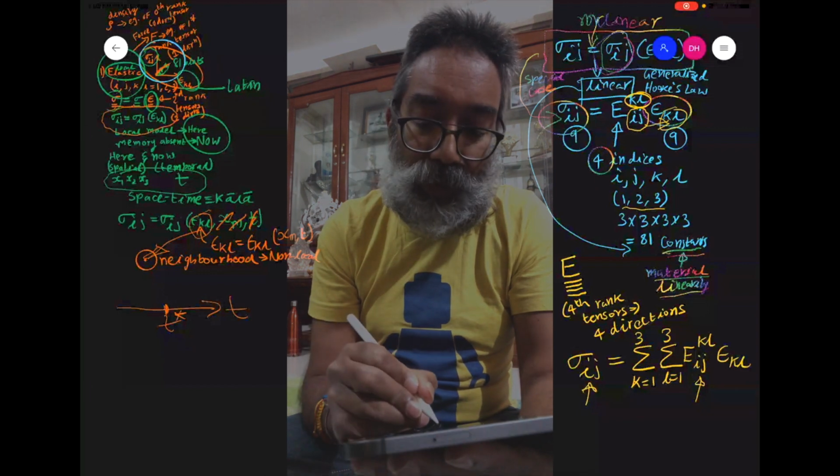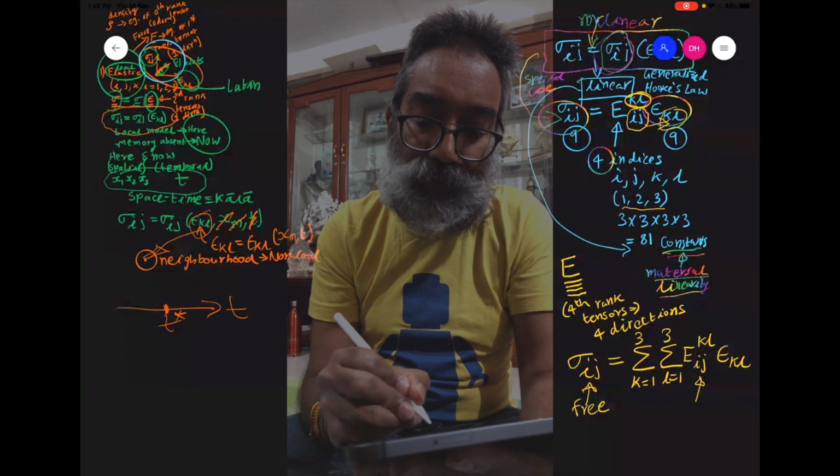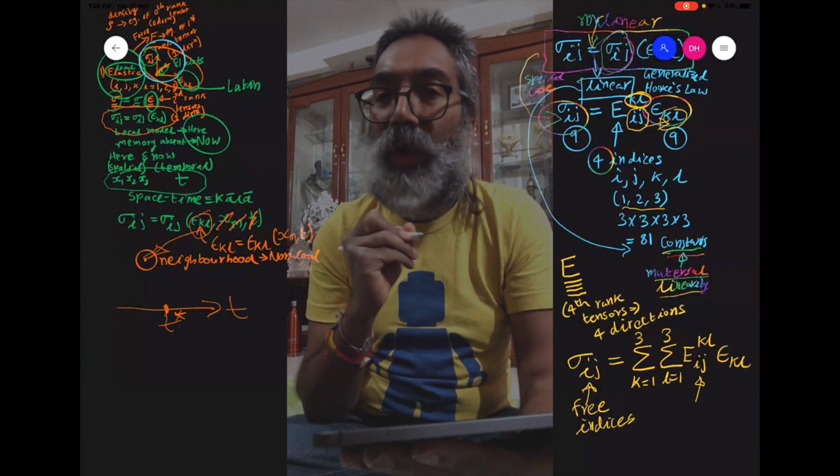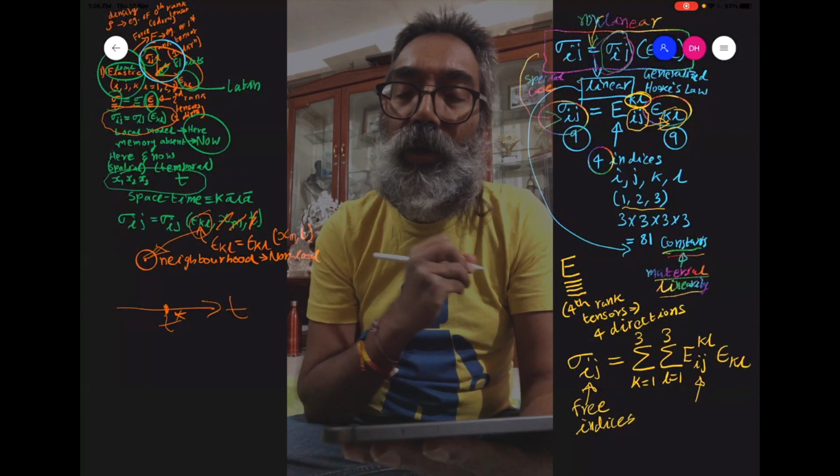So in other words, these are called the free indices, which are fixed for a particular equation, sigma ij, let's say sigma 1, 1.